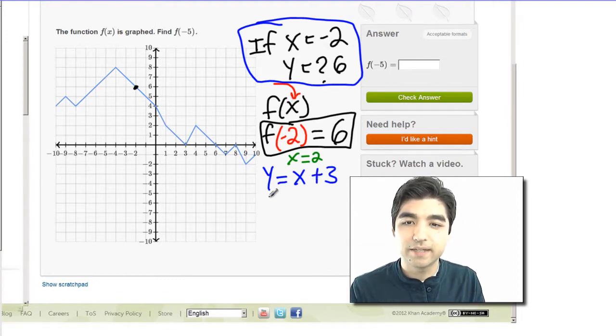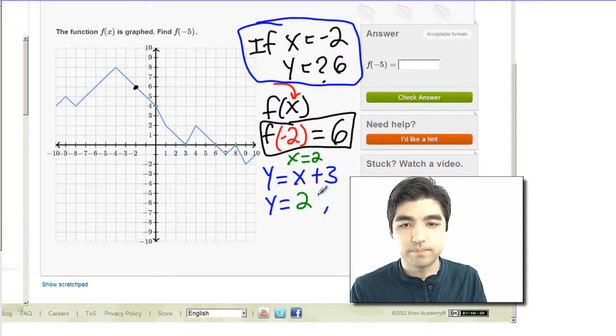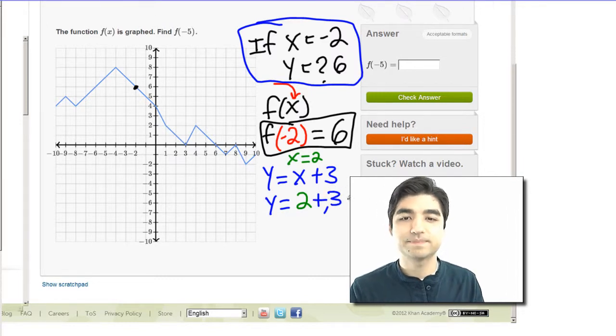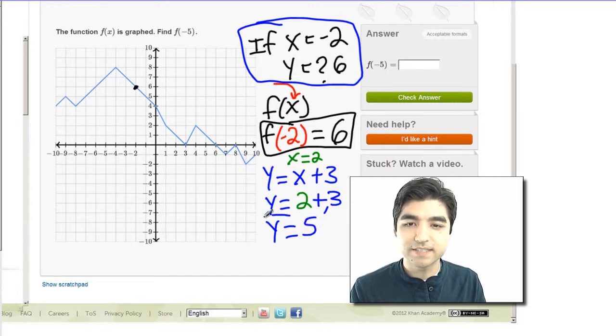So we have y equals 2 plus 3, and then you say y equals 2 plus 3 equals 5. The problem with this is that we lose a lot of information as we solve it. We don't know what the x value is anymore.